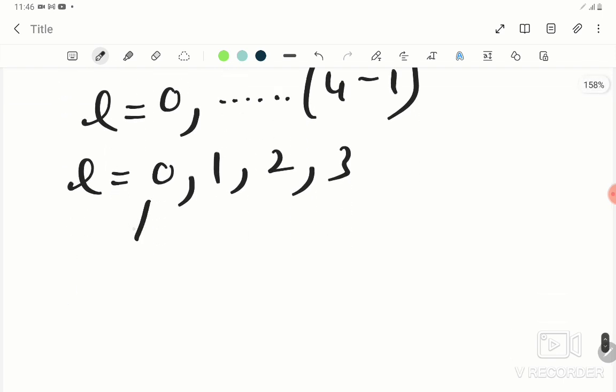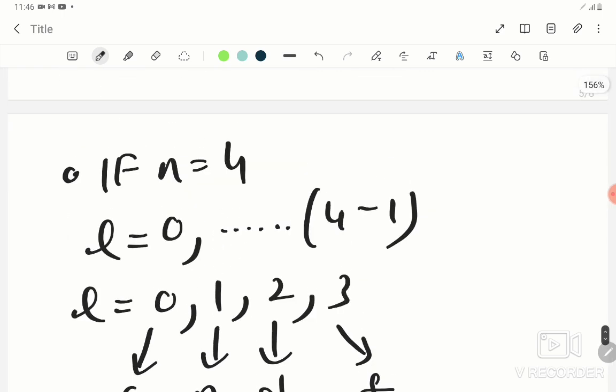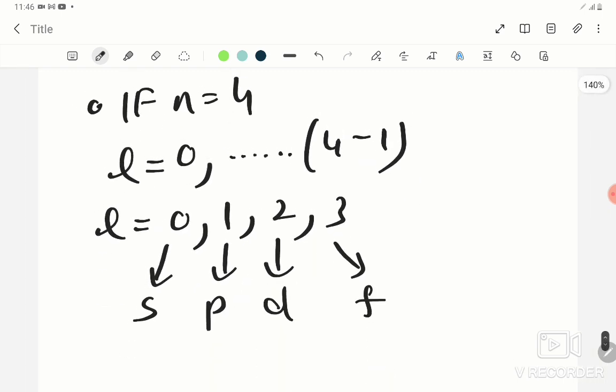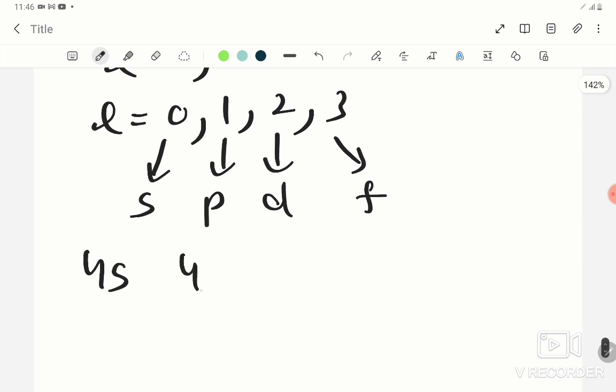L is equal to 0 is s orbital, L is equal to 1 is p orbital, 2 is d orbital and finally L equal to 3 is f orbital. So guys, n is equal to 4 के अंदर there will be four types of orbitals, s, p, d and f, and their names will be 4s, 4p, 4d and 4f. So guys, with this we have completed angular quantum number.